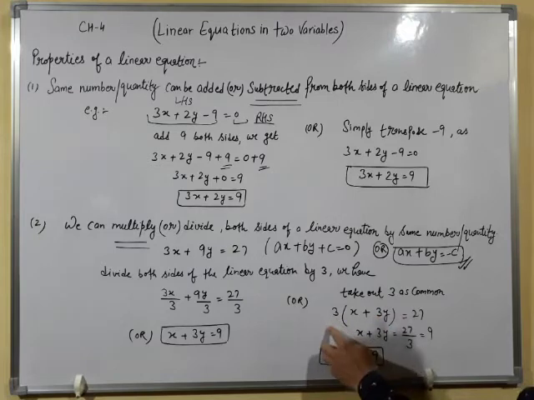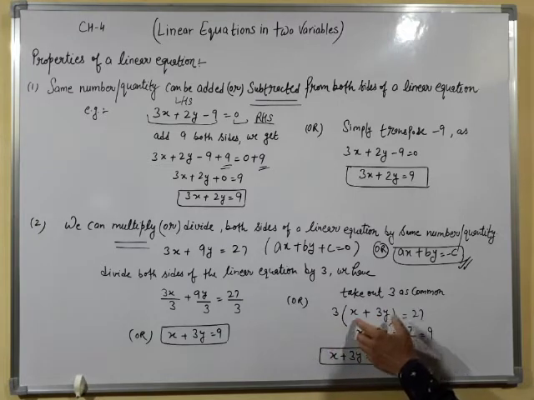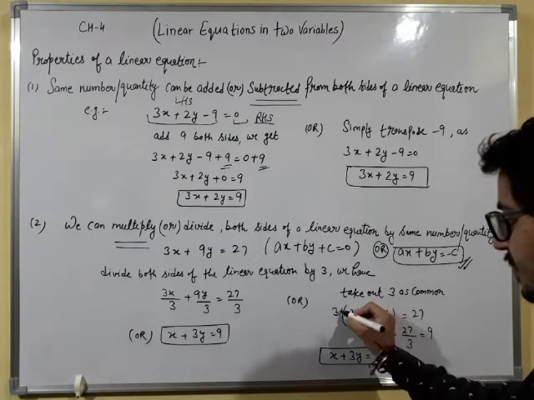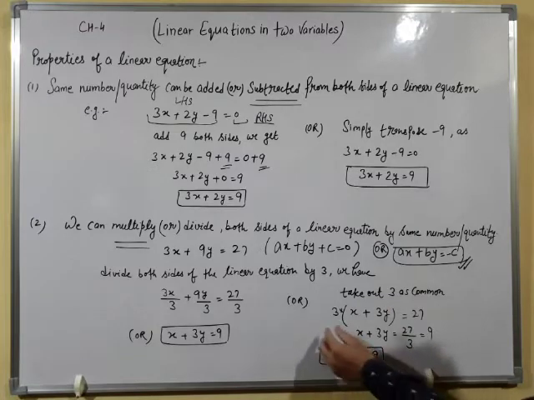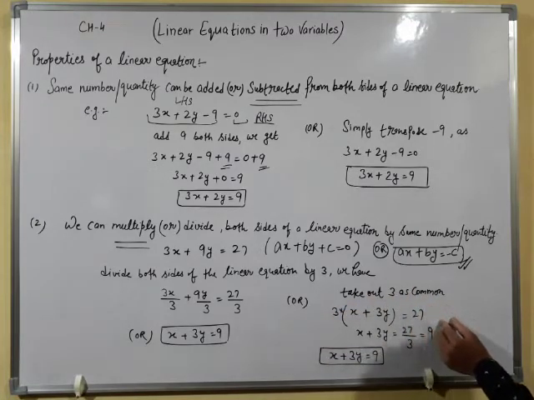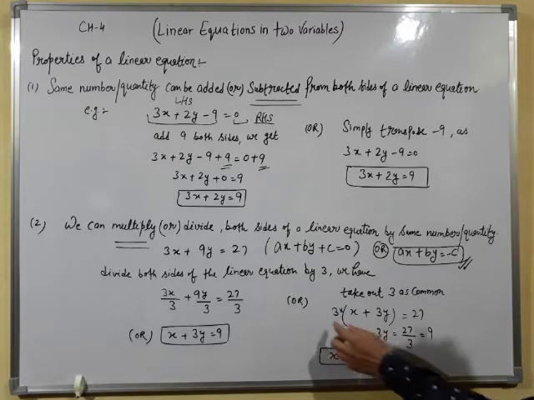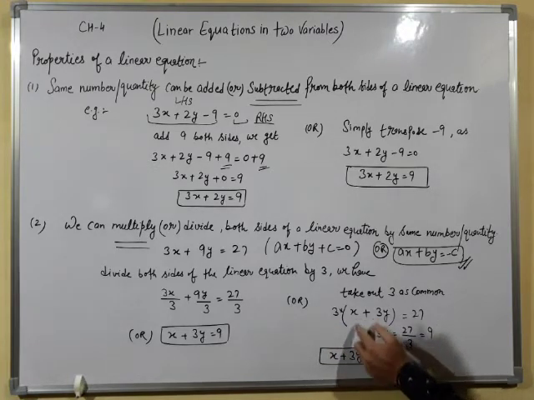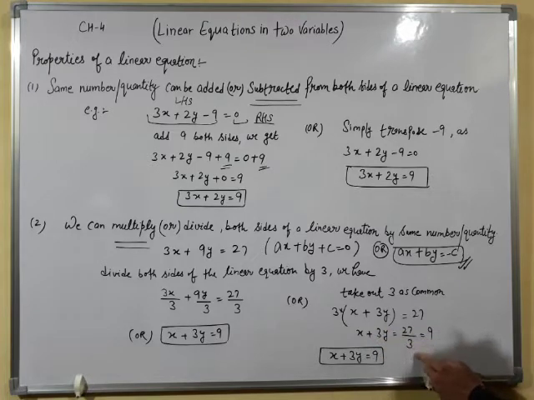Now 3 and x plus 3y have a multiplication sign between them, and when we transpose 3 from the left hand side to the right hand side, it will come in division. Multiply will change into division. So x plus 3y will be equal to 27 upon 3, and 3 9s are 27.